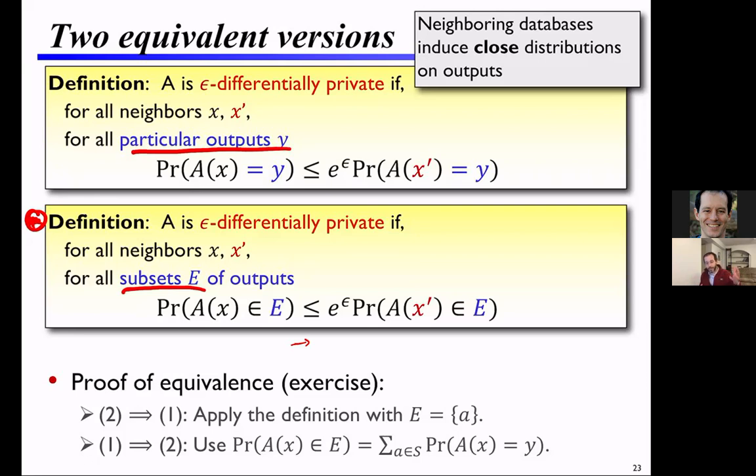We'll see later in the course, maybe in a couple of weeks, variations on the definition where the analysis is more complicated. But for now, we can go point by point, and we'll be okay.